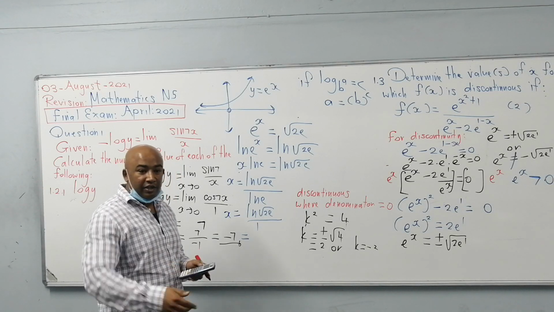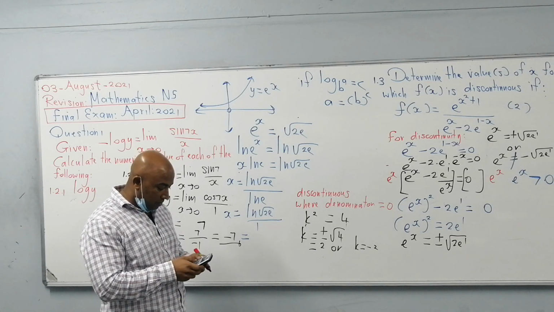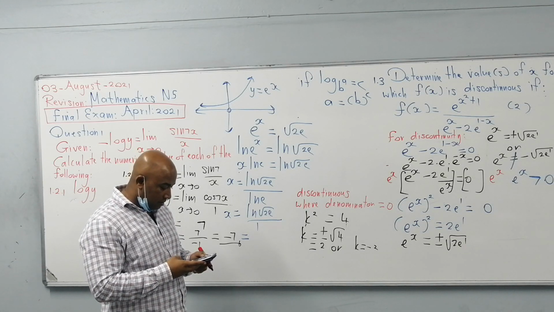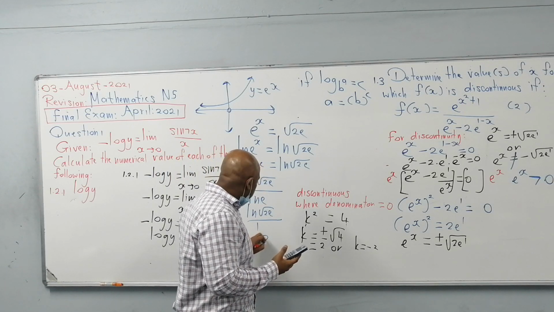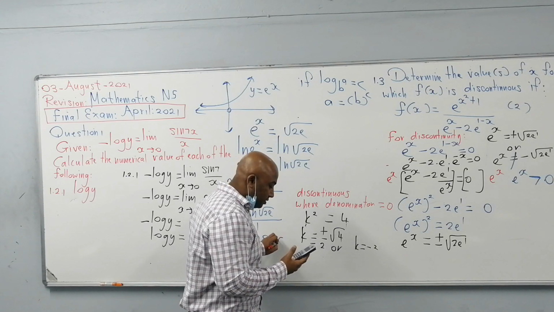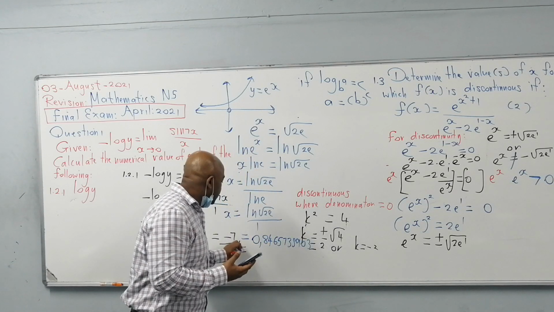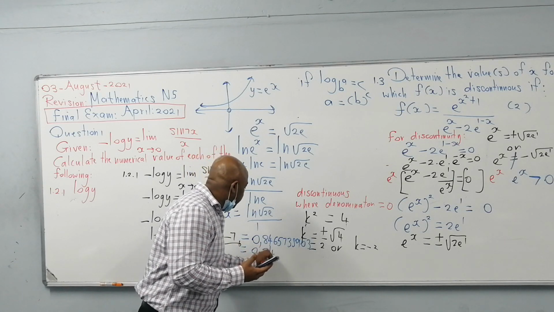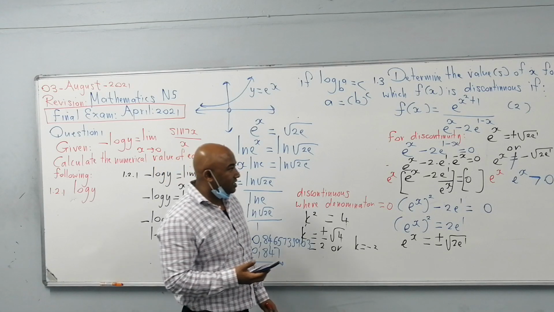To get e on the calculator, you press shift ln and you press 1. So it gives you e to the power 1. Then I get 0.8465735903, which is equal to 0.847.